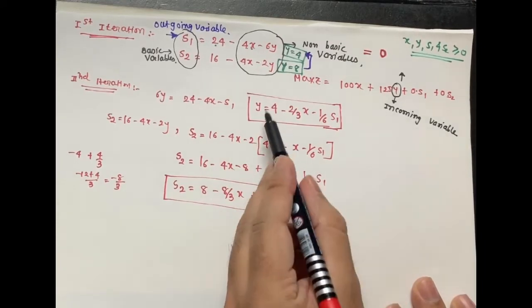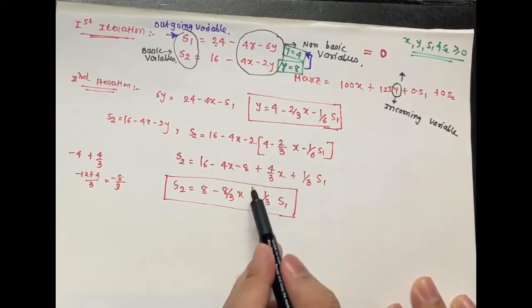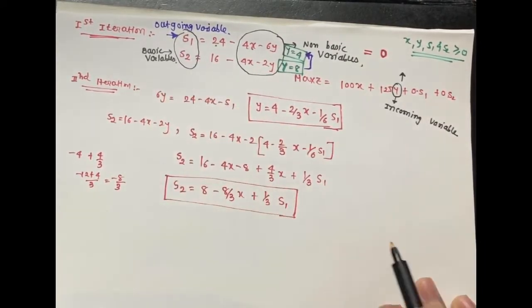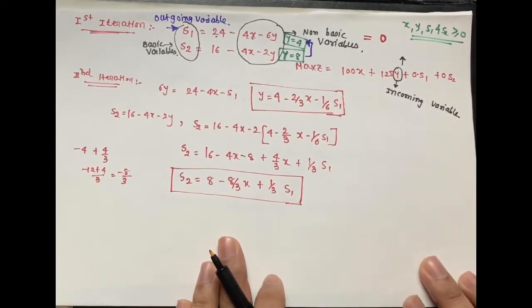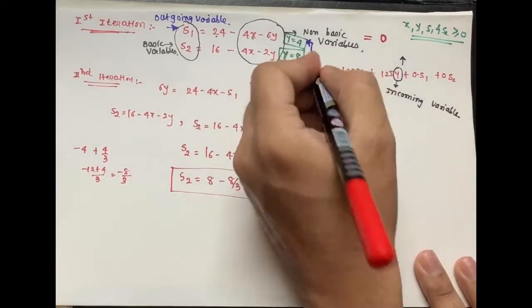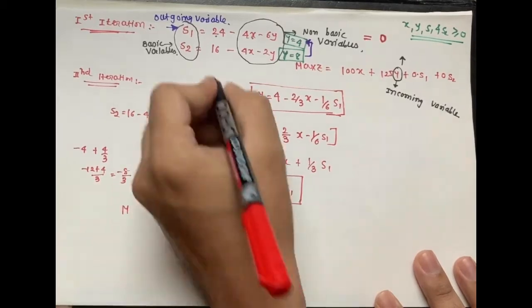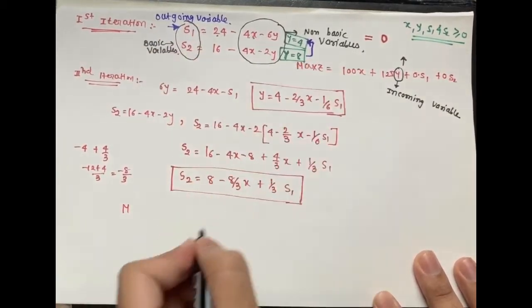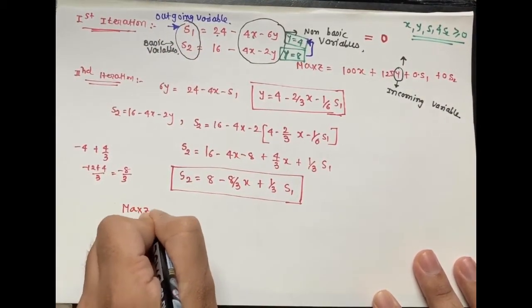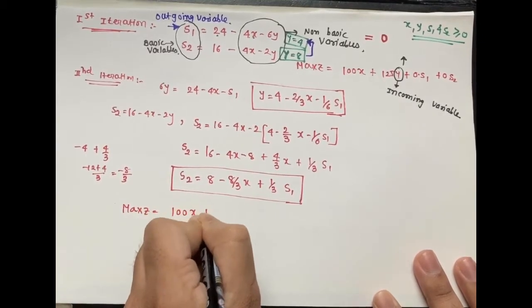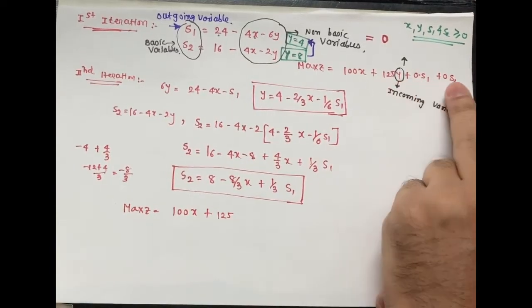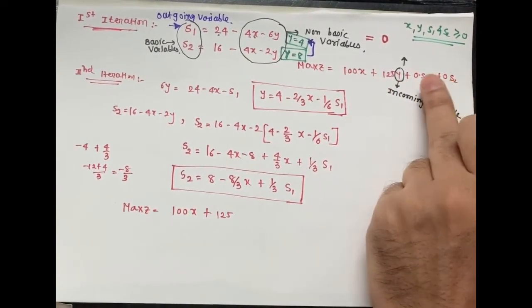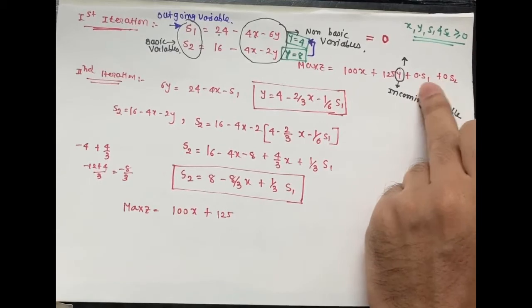Yes, in the second iteration I am getting these two equations as I was getting these two in the first iteration, and now y and s2 are my basic variables and s1 and x are my non-basic variables. Rewriting the objective function, as I have written these two equations, I require to write my objective function max z equals 100x plus 125y. Here I am ignoring the 0 s1 plus 0 s2 because ultimately their value is 0.